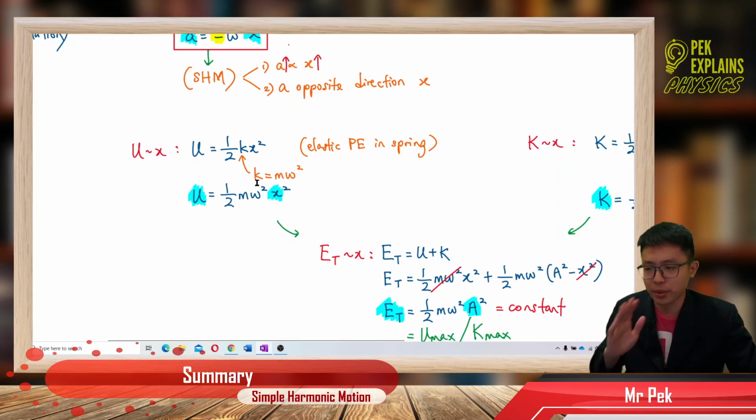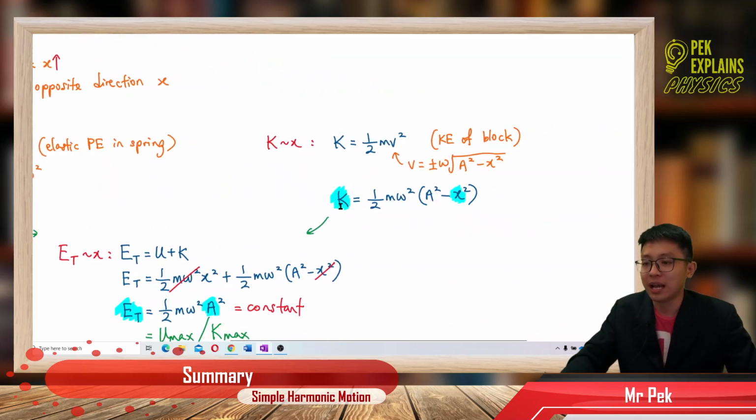You just remember k equals m omega square, mass times angular velocity square. Substituting k equals m omega square, you get U equals half m omega square x square. So this is the formula between U and x.